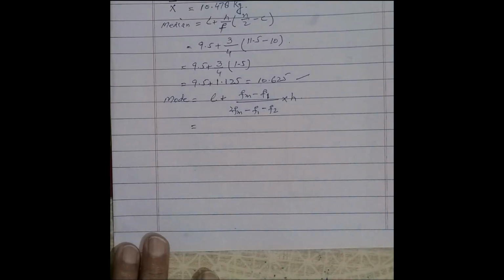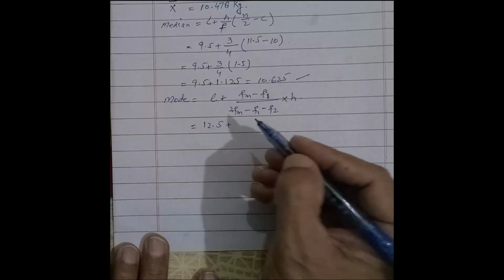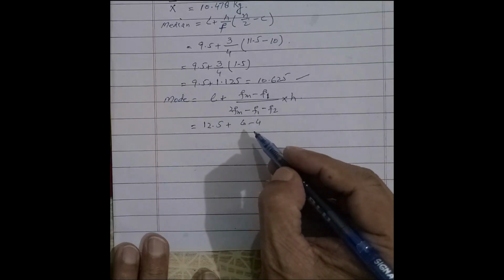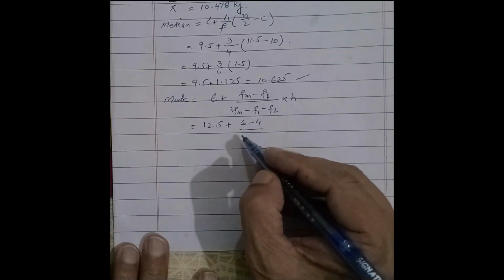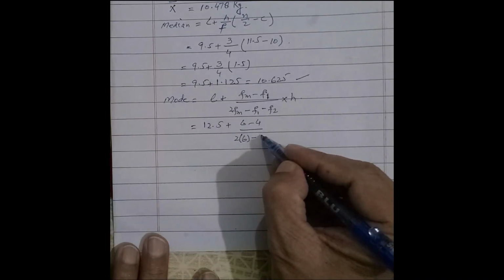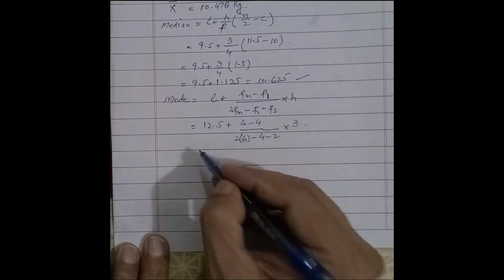Now we put the values in the formula. We get 12.5 plus 6 minus 4 over 2 into 6 minus 4 minus 2, multiplied by h, which is 3.